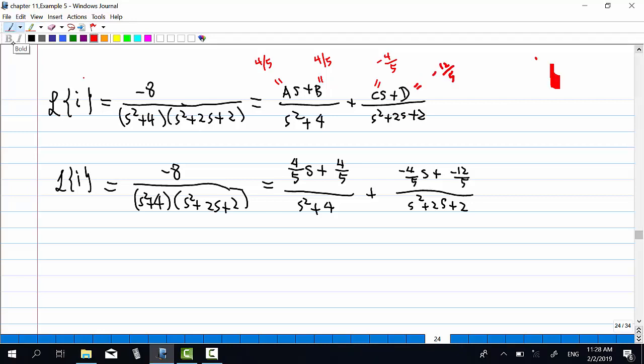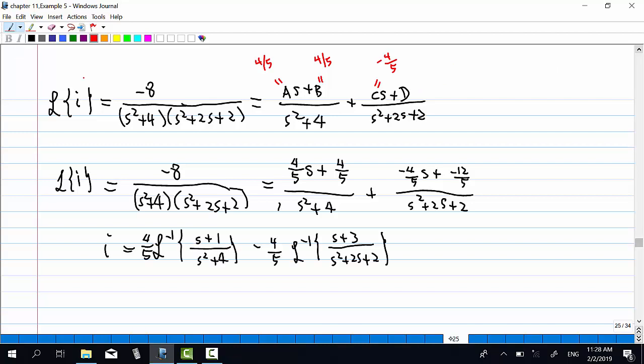Now what's next? We do the inverse Laplace transform now. So I is the inverse Laplace transform of the first term. When you factor out 4 over 5, you get the inverse Laplace transform of s plus 1 over s squared plus 4. For the second term, you can also factor out minus 4 over 5, and you get s plus 3 over s squared plus 2s plus 2.